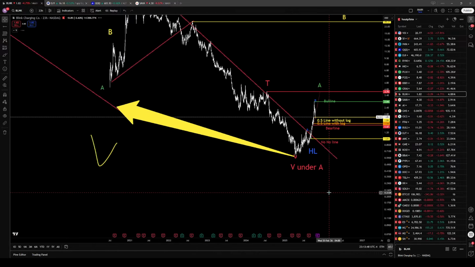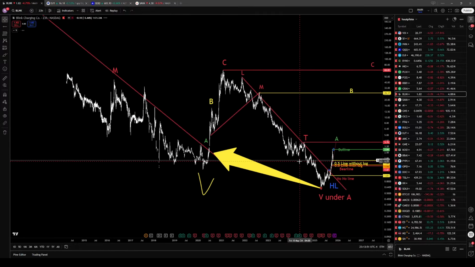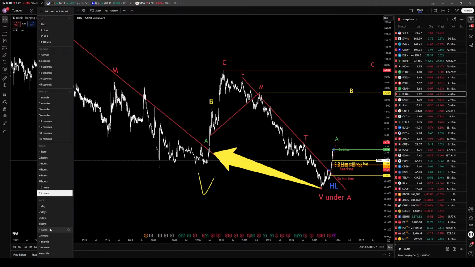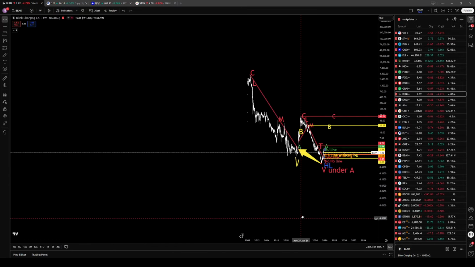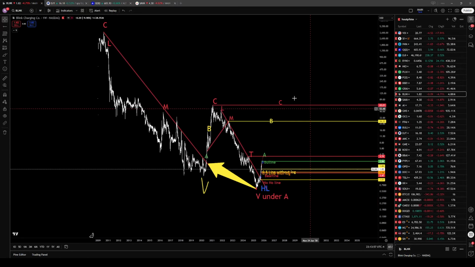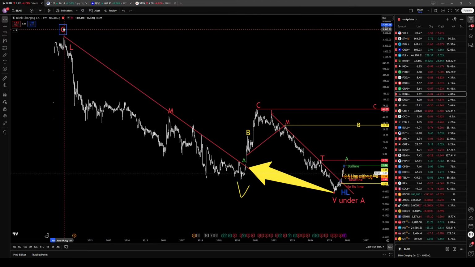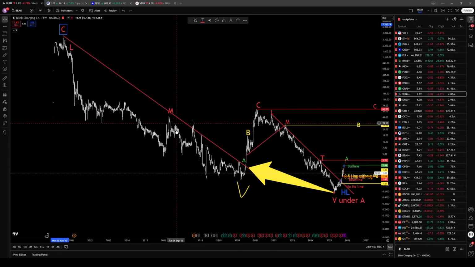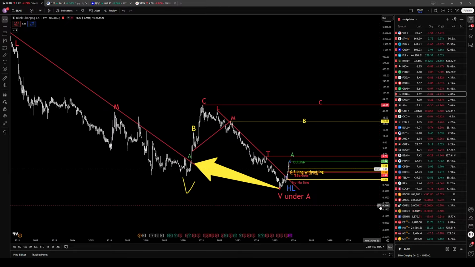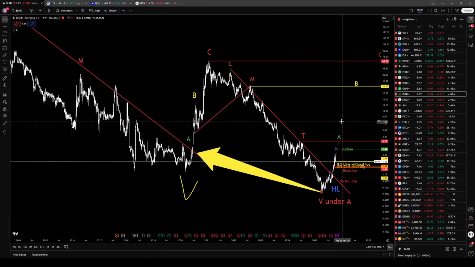So next one is Blink. With that we go on the weekly again. Same play again. Come from EC, lower high, midpoint, somewhere in here is T, V, first one is finished. Then you start your second one.